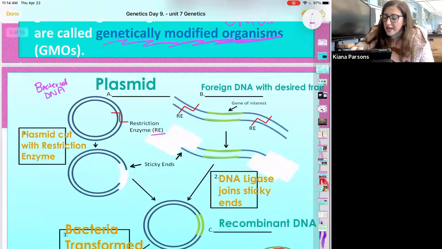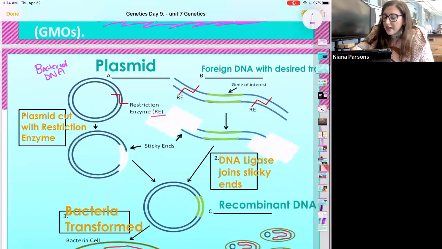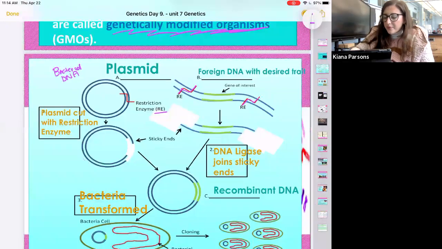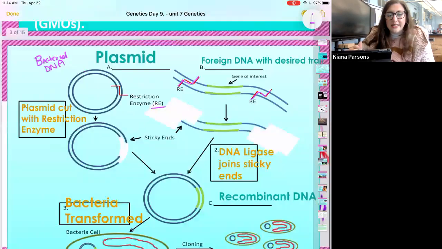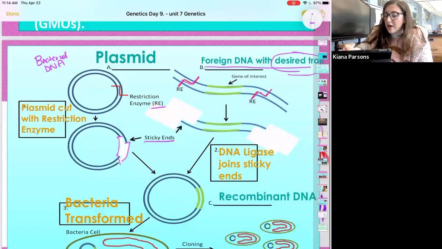This restriction enzyme comes in here and cuts the plasmid and makes a spot where there is a hole. This hole has sticky ends. The restriction enzyme is also going into foreign DNA with the desired traits. So humans are now manipulating this, removing that gene of interest.